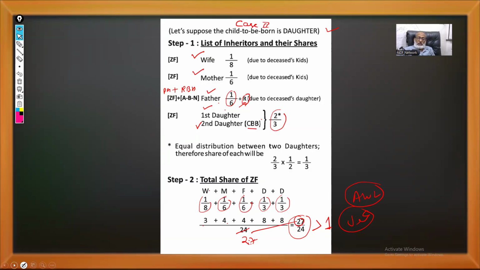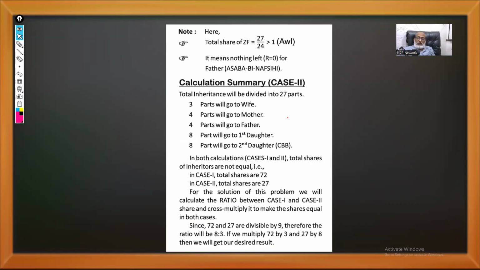So in that case, the total property will be divided into 27 parts. 3 parts will go to the wife, 4 parts each to the mother and father, and 8 parts each to the two daughters.